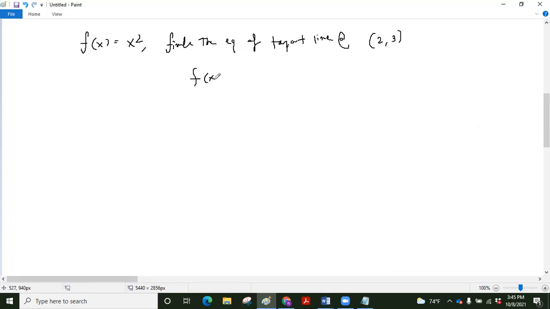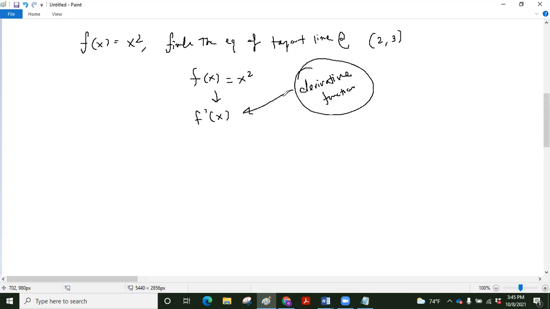We know we have f of x equals x squared. We then need to find f prime of x. This is the derivative function. Once we have the derivative function, we can plug our x value into it, f prime of the x value.